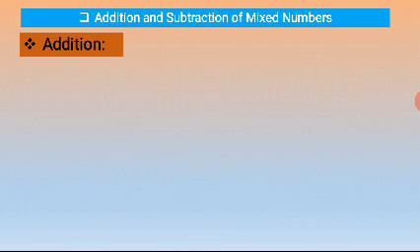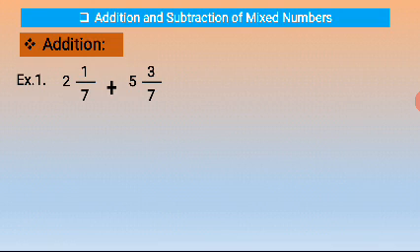We see example 1, that is 2 and 1 upon 7 plus 5 and 3 upon 7. Here are two mixed fractions and we find the sum of those two mixed fractions.